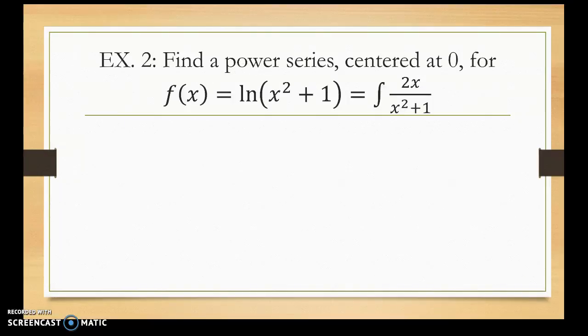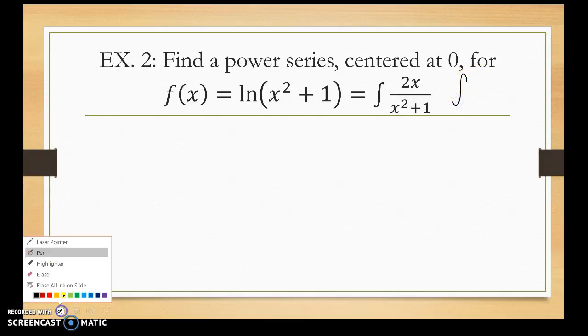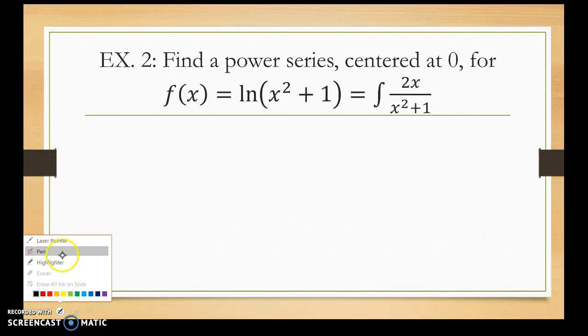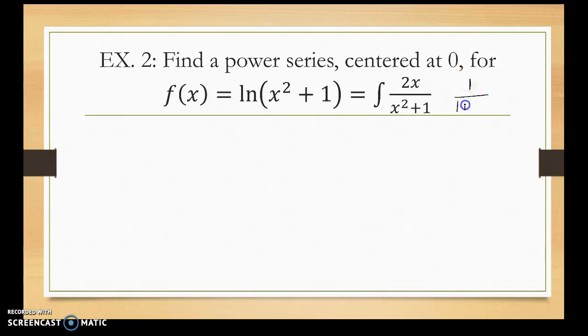All right, find a power series centered at 0 for the natural log of x squared plus 1. I'm going to find this series by integrating the series 2x over x squared plus 1. So the series for 1 over 1 plus x squared would be 1 over 1 minus negative x squared.